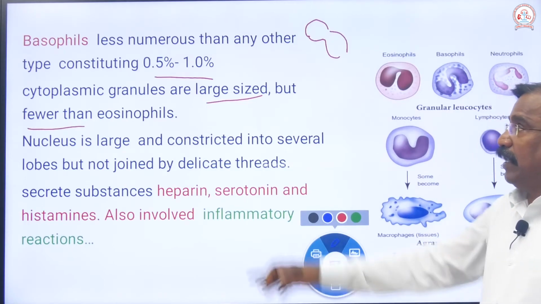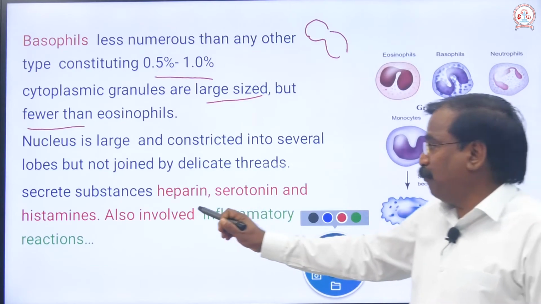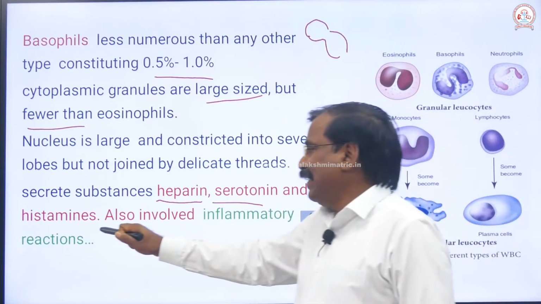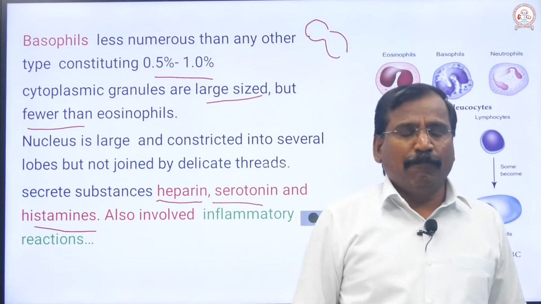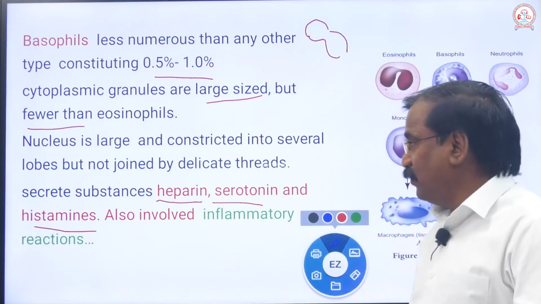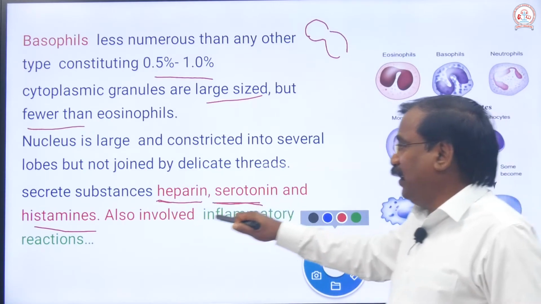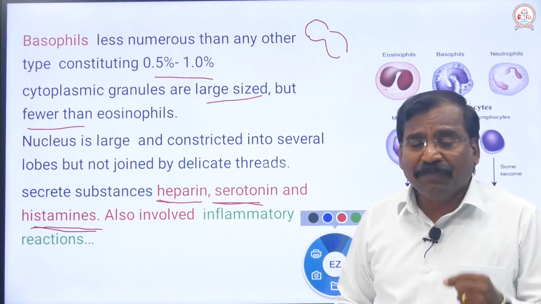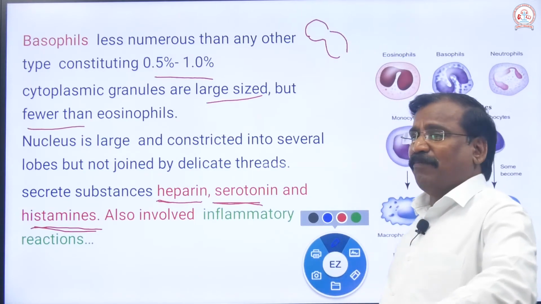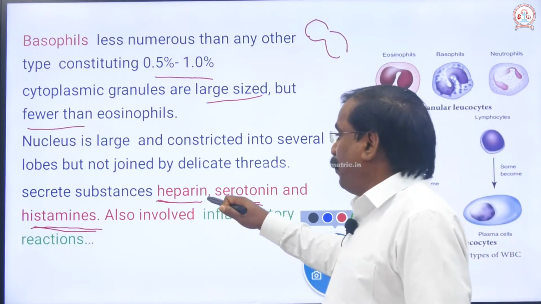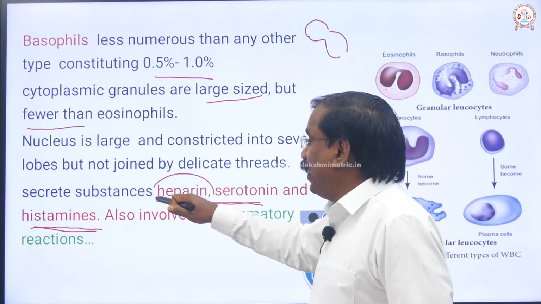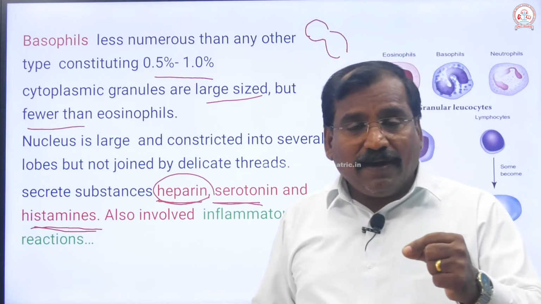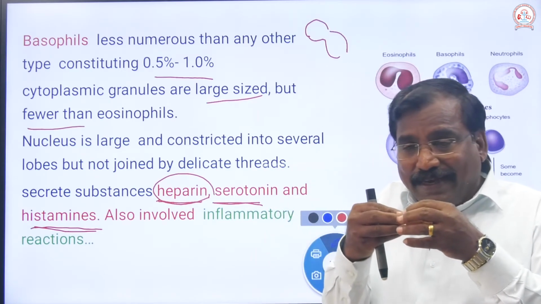And this basophil secretes, very important, substances like heparin, serotonin and histamine. Why does it secrete them? What does heparin do? What do serotonin and histamine do? Heparin is an anti-coagulating substance that prevents the clotting of the blood inside an intact blood vessel.